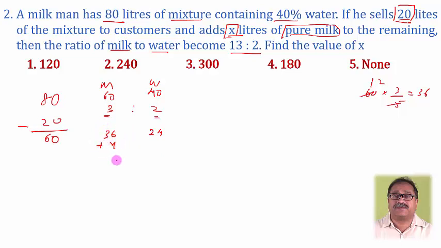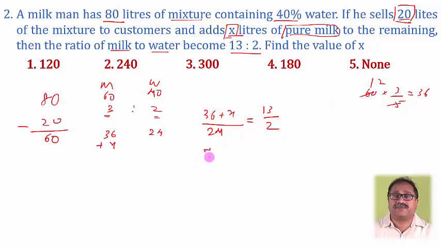So let's put in the equation this, that is 36 plus X by 24 is equal to 13 by 2. You are asked to find out the X value. Let's go for solving this equation.